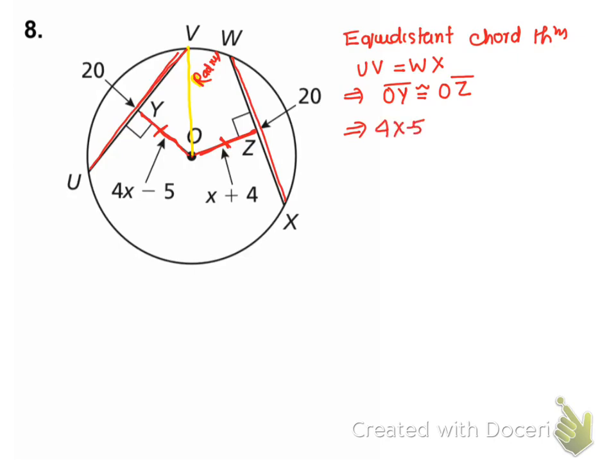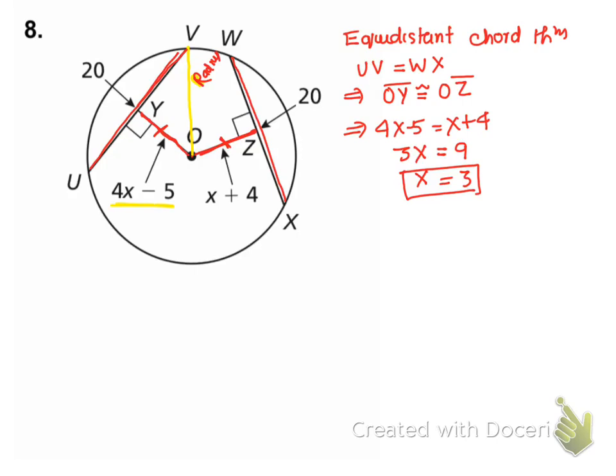4x minus 5 is x plus 4. You just simplify that. You subtract x from both sides. You get 3x, and add 5 to both sides. You get 3x is 9. Divide by 3. You get 3. x is 3. We got our x. So what we can do, we can finally just plug it in one of the expressions.